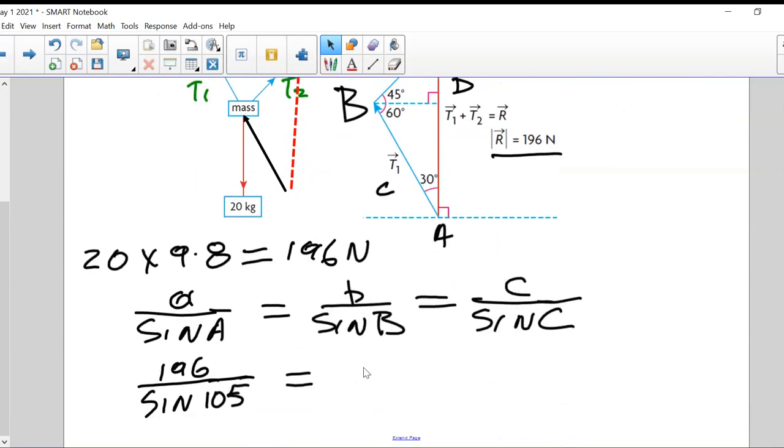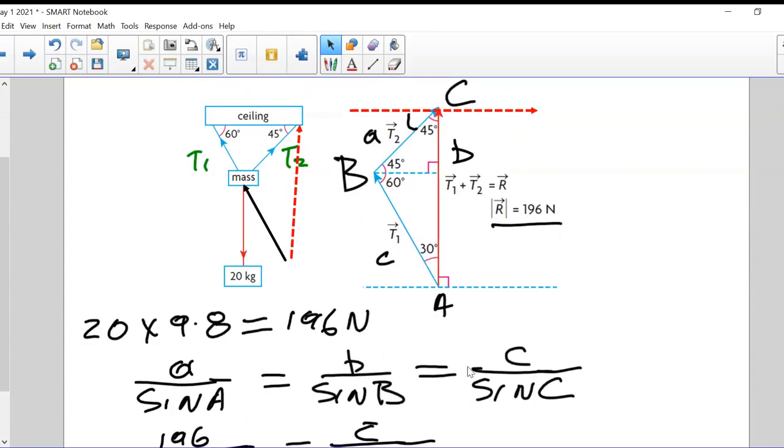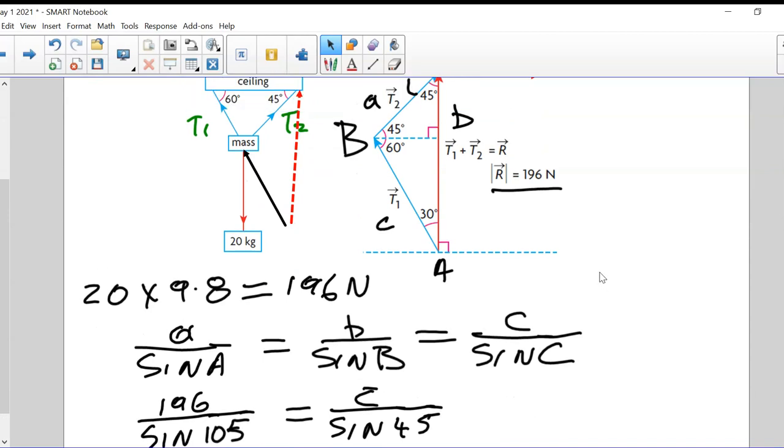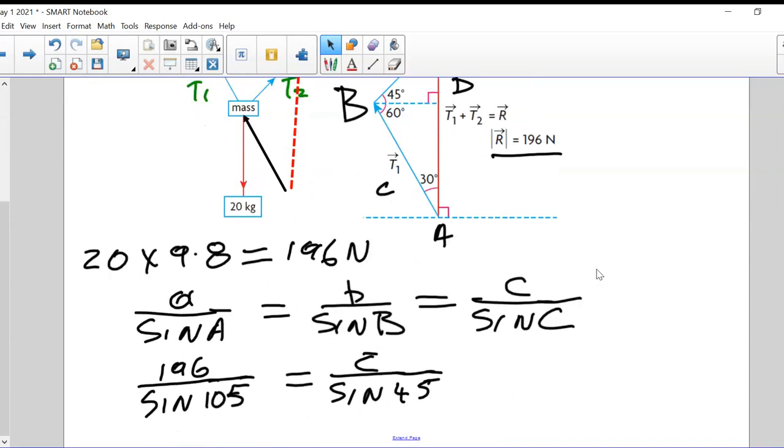So set that equal to C, we're going to leave it as C, over the sine of the angle that's across from C, opposite to C. Which is the angle that is opposite to C? It would be 45. Thank you very much, Kali and Ashfan. Over the sine of 45.